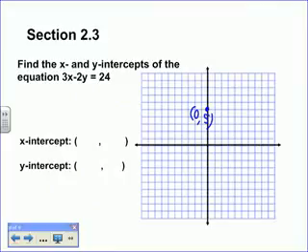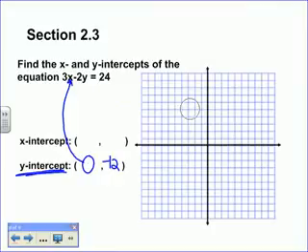So if we wanted to find the y-intercept, we'll just set x equal to 0. If we take a look at that up here, if we set x equal to 0, 3 times 0 would be 0, our y would have to be negative 12. Okay? And all the points on the x-axis, those have a y-coordinate of 0.